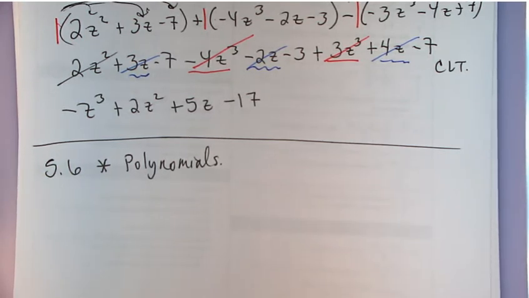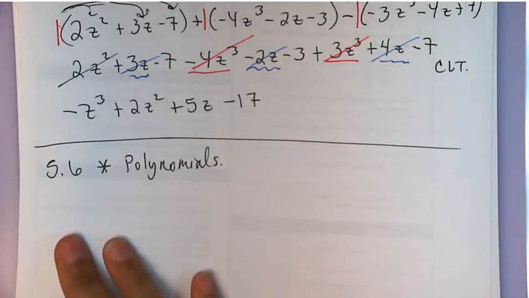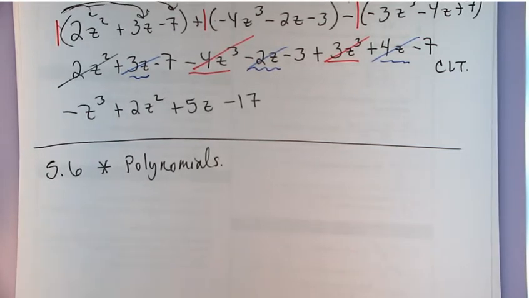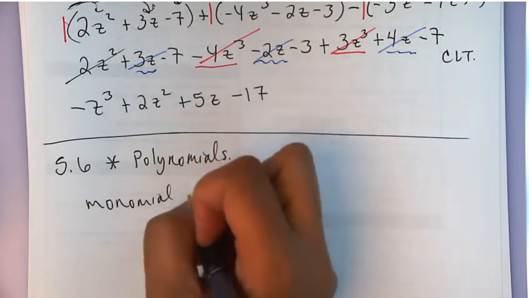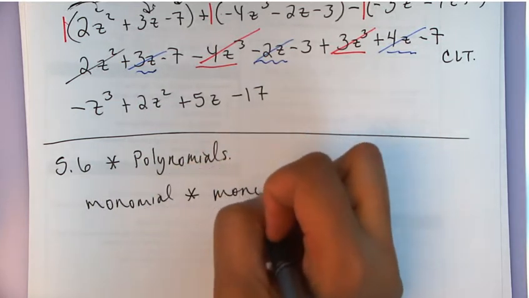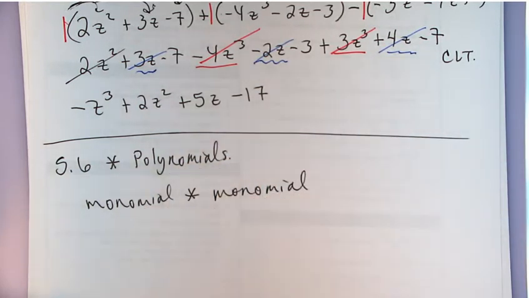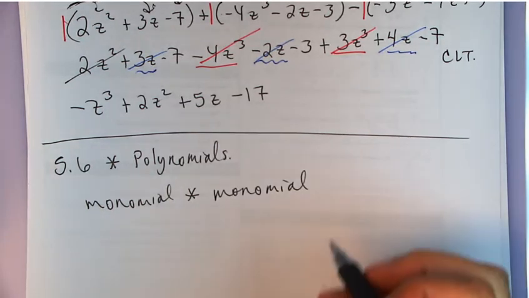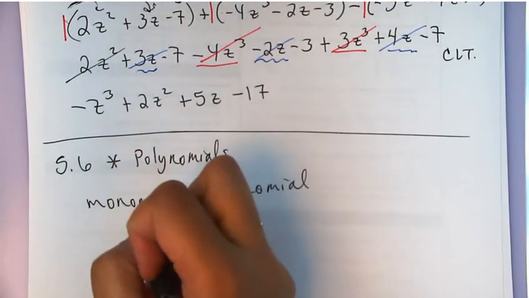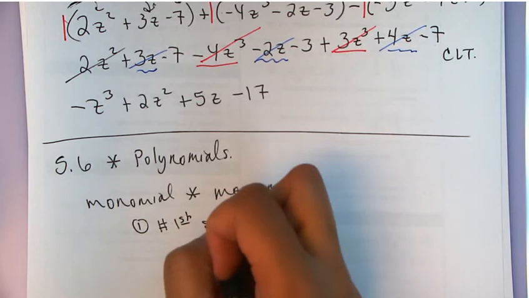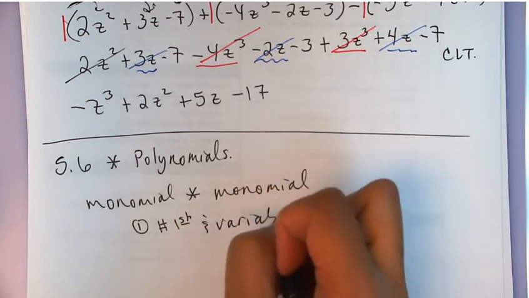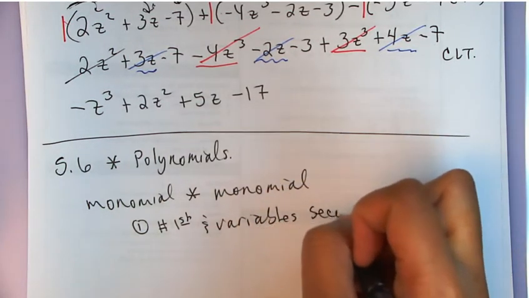5.6. Multiplying polynomials. Well, to multiply polynomials, we want to start off first by talking about a monomial times a monomial. When you multiply monomials, you want to multiply your numbers first, and variables second, using exponent rules.